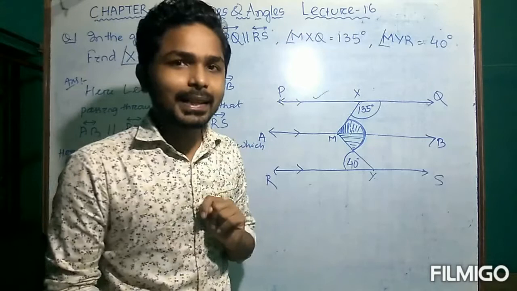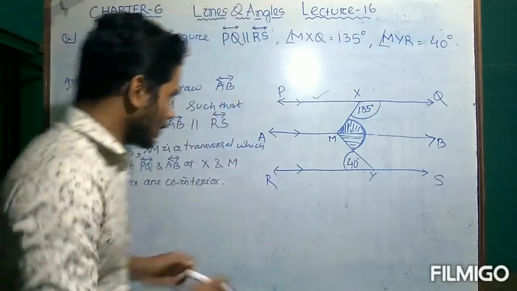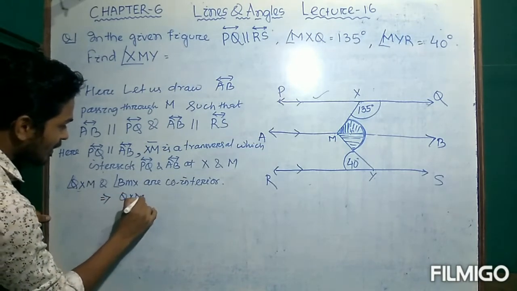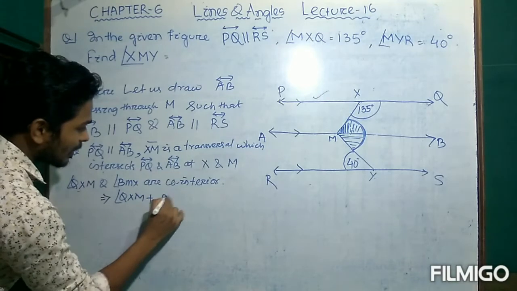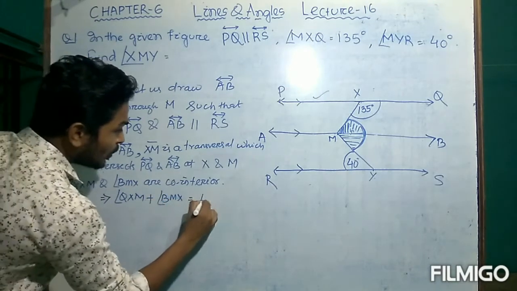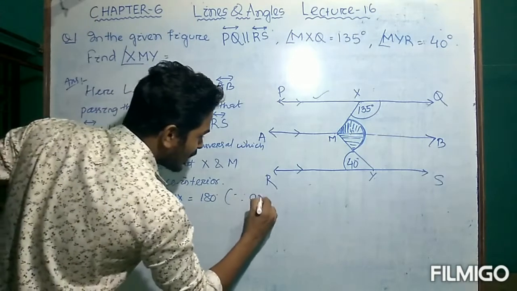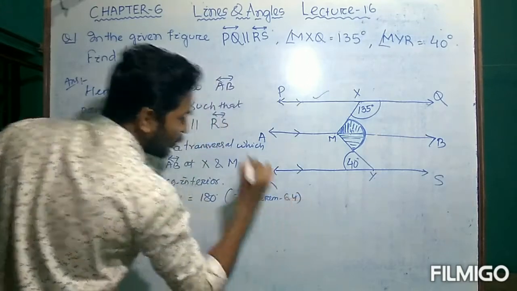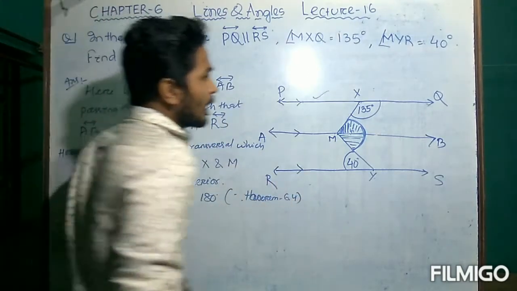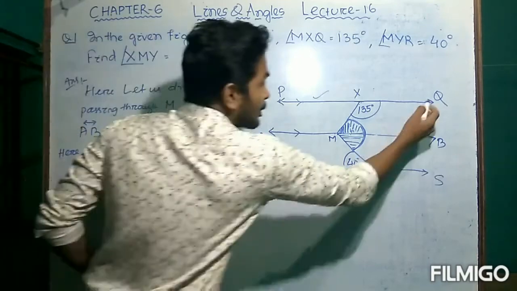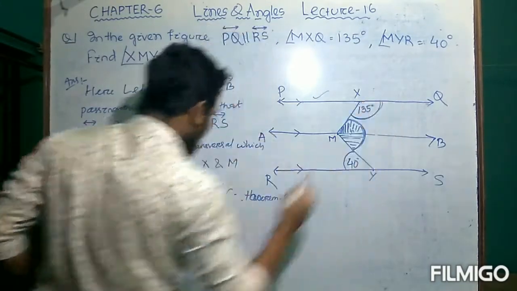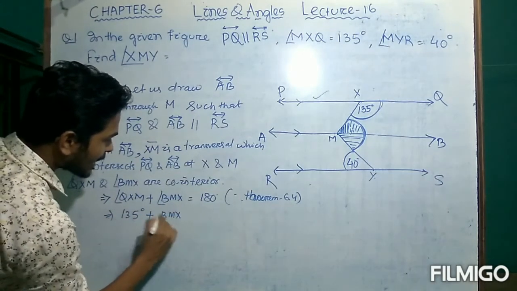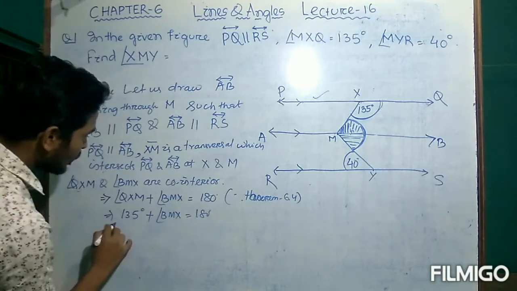Next, according to theorem 6.4, the sum of any two co-interior angles is equal to 180 degrees. This implies this angle plus this angle is equal to 180 degrees. Why? Due to theorem 6.4. You have to always write the reason. Now, QXM, that means this angle, is 135 degrees, plus BMX is equal to 180 degrees.